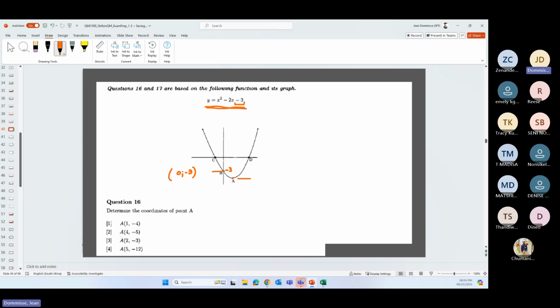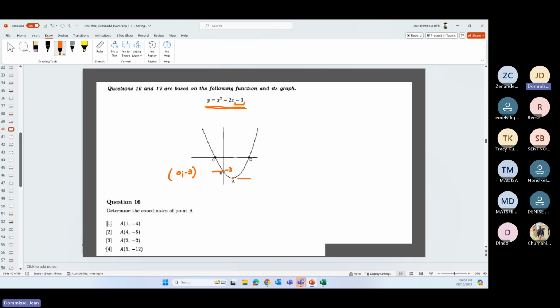No, because that point is minus 3, so definitely not option 3. And then I'm looking at, okay, I also know this is not to scale, but it feels like minus 12 will be somewhere here, but let's just assume it can also be.